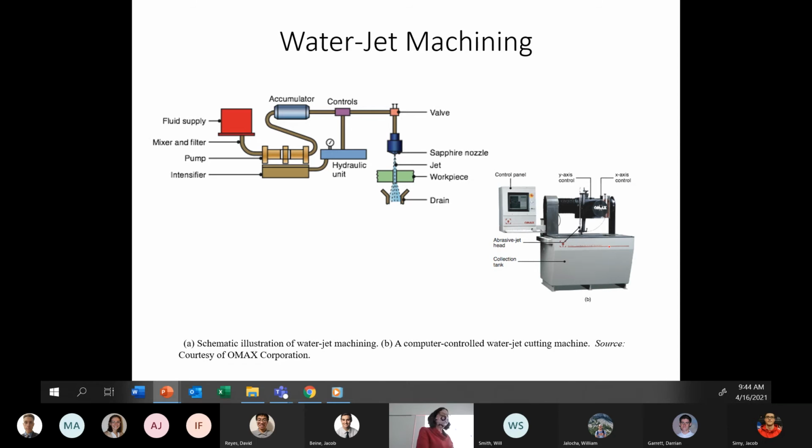These aren't necessarily very complicated, but if we look at what we have, there's our fluid, some sort of accumulator and controls, and then your nozzle, which controls the stream and is oftentimes sapphire or another type of jewel. We have our jet, and it basically goes into the workpiece. And again, you can see in the video, that's the next one that we can see.